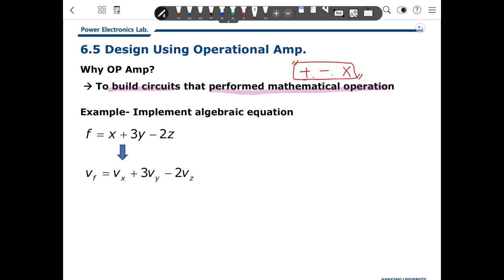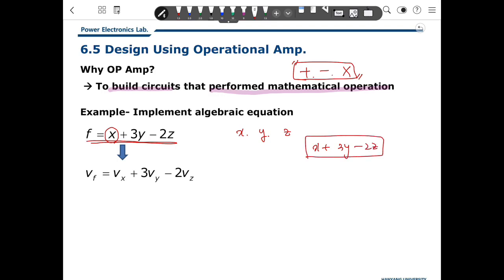For example, we want to perform this calculation. I want to get x. We have 3 variables, x, y, z. Then I want to calculate x plus 3y minus 2z.